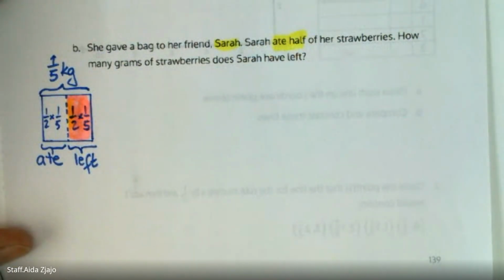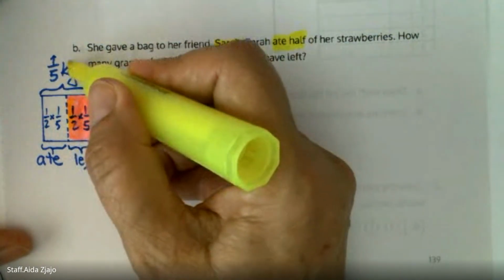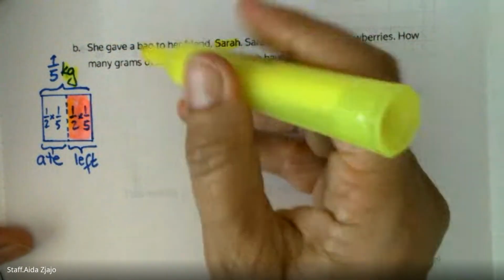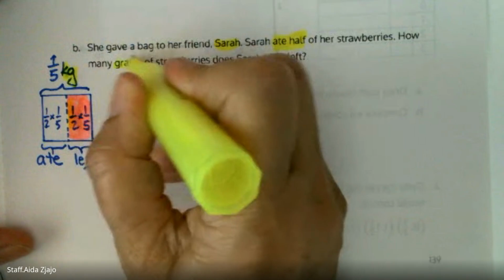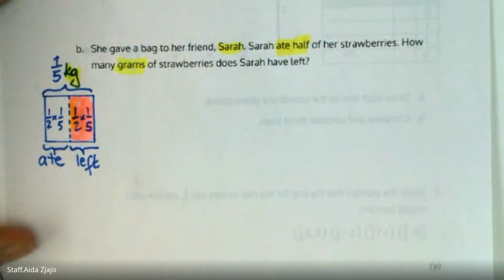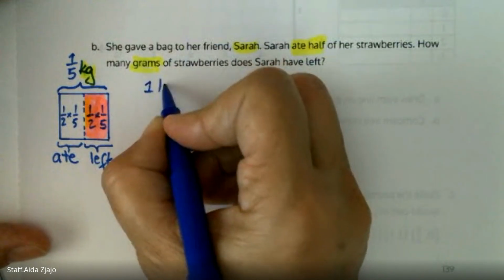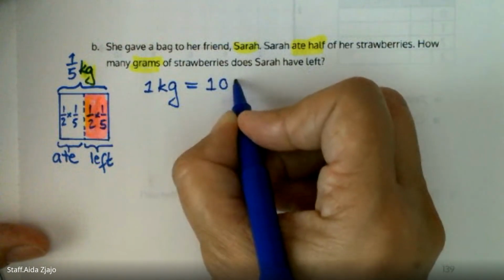So now another question is, they are talking about kilograms, but how many grams is in question. So we need to know that 1 kilogram is equal to 1,000 grams.